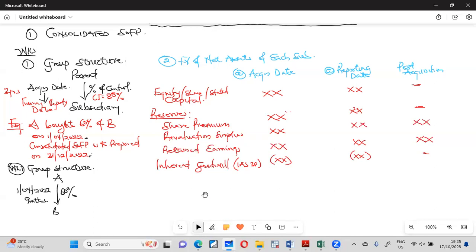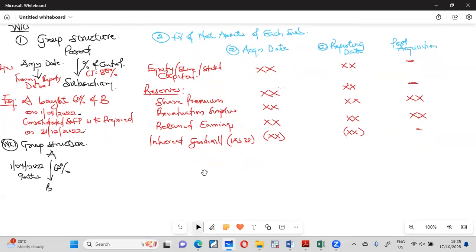Then we said the things that happen in the interim, if you remember in the timing, I spoke about so many things. An example will be fair value adjustment. If there is any fair value adjustment, be careful here, depending on what the adjustment is on.